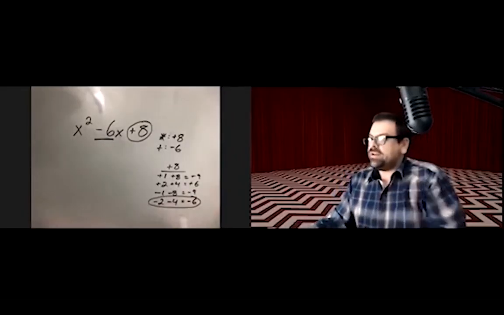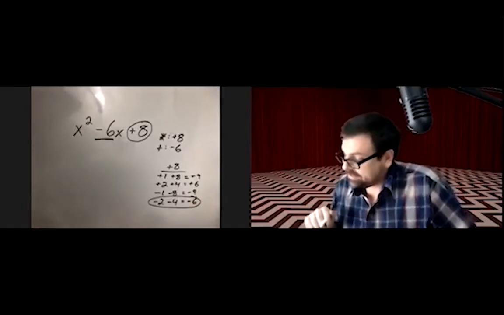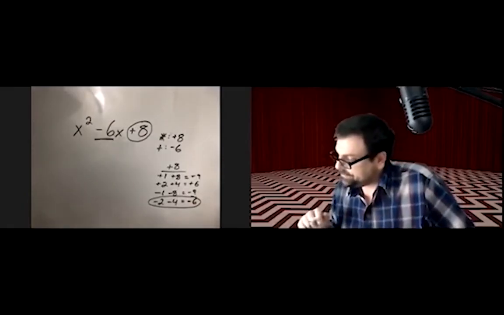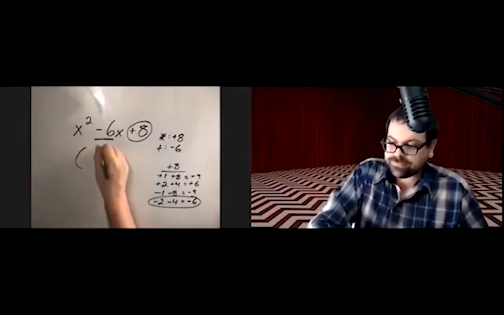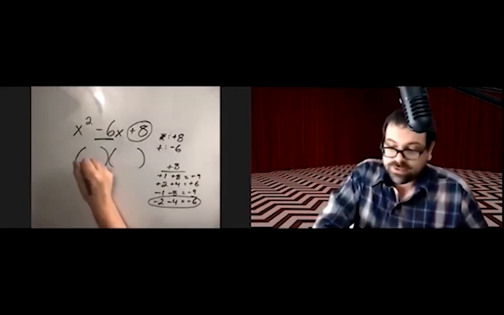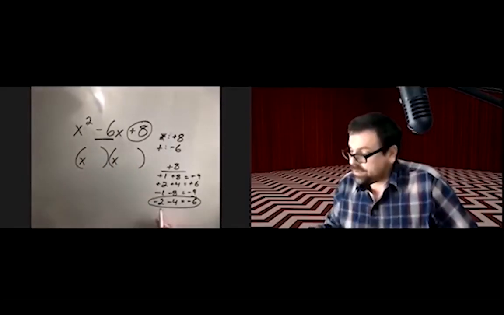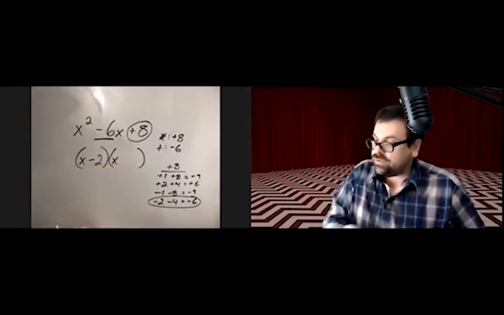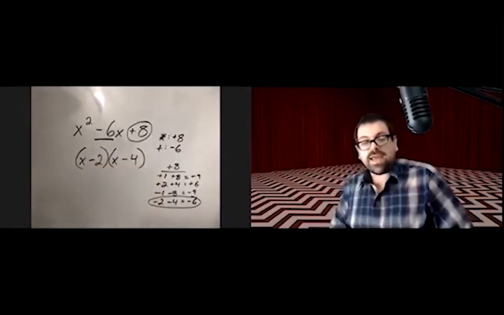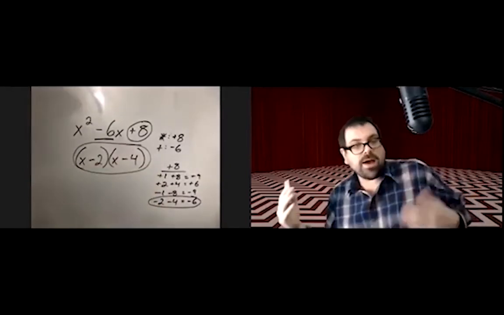This is the pair that multiplies to positive 8 and adds to negative 6. So our numbers that we're going to use in our two binomials with x and x are negative 2 and negative 4. That's it.